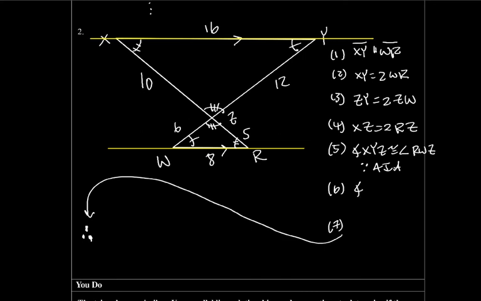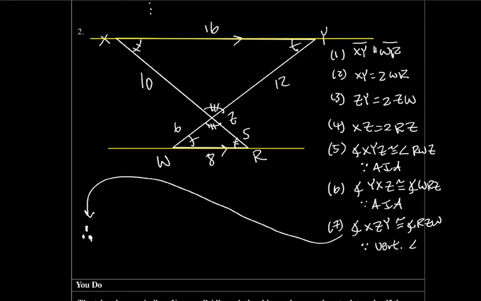And we can say the same thing about YXZ, congruent to angle, okay, so Y corresponds to W, WRZ, because, again, alternate interior. And then angle XZY is congruent to angle, X is the double one, so RZW, because they are vertical angles.